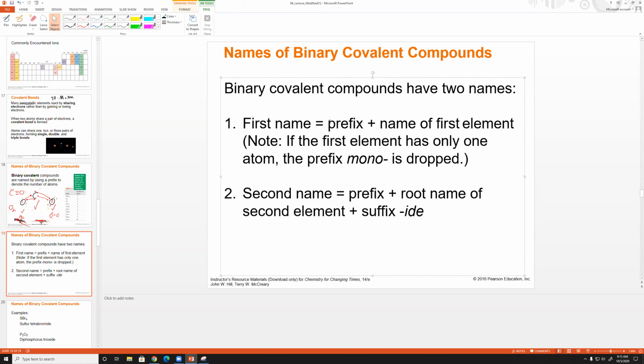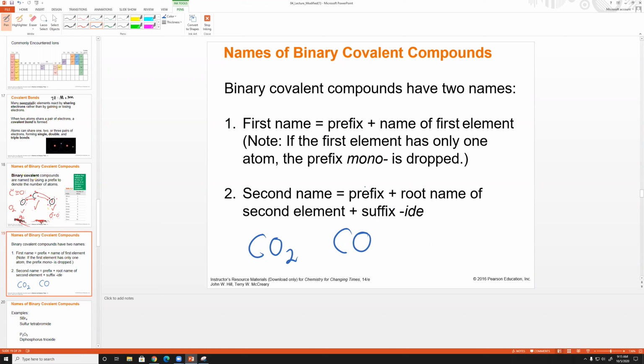But now that we have covalent bonds, there are multiple combinations that are acceptable with the same elements. We just went over two of those, carbon monoxide and carbon dioxide. If you just write carbon oxide, that's not telling the reader which one it is. So we have to have prefixes to tell the reader what it is.